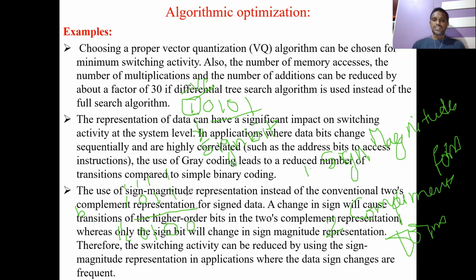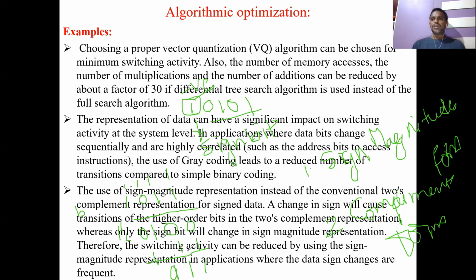To represent this negative number in 2's complement, you again have to calculate the 2's complement. How can you calculate the 2's complement? For this 1's complement, if you add 1, you will get the 2's complement. So it is 1, and here also it is 1, and 1, 0, that is 0 and 1, like that.